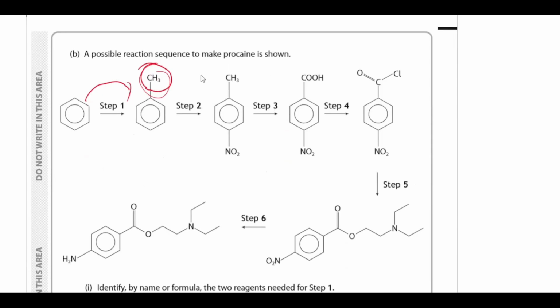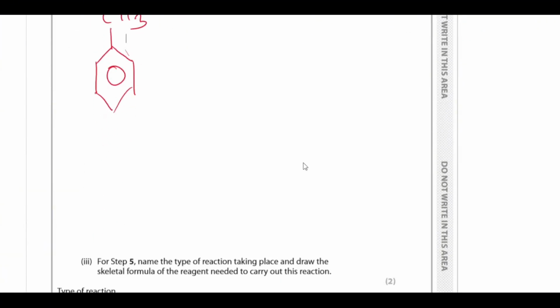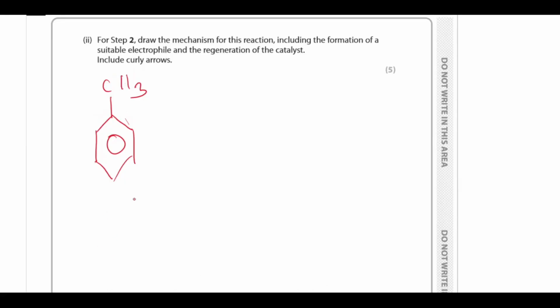This is the methyl group in step 2. So it produces 1,4 methyl nitrobenzene. At first, the electrophile attacks. Obviously the electrophile is supposed to attack the benzene ring here, considering it consists of delocalized electrons and it's negatively charged.